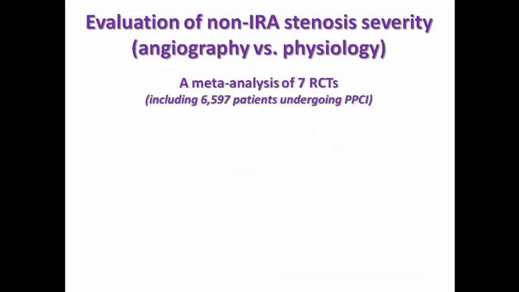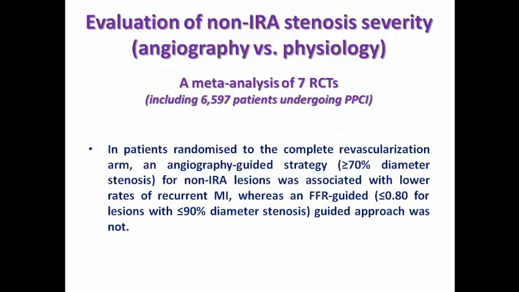And in another meta-analysis of 7 trials, in patients randomized to complete revascularization, the angiography-guided strategy for non-infarct-related artery lesions was associated with a lower rate of recurrent MI, whereas an FFR-guided PCI was not associated with this reduction.